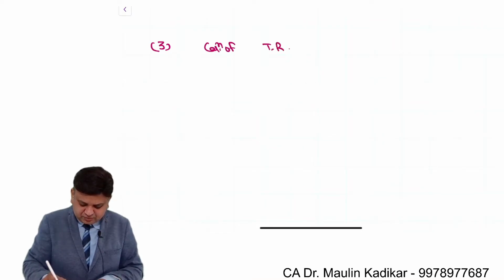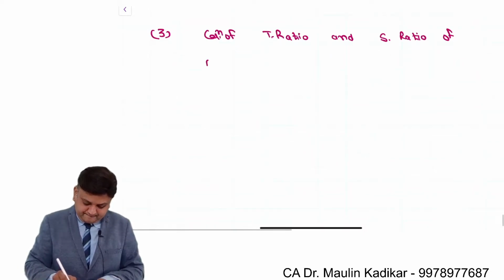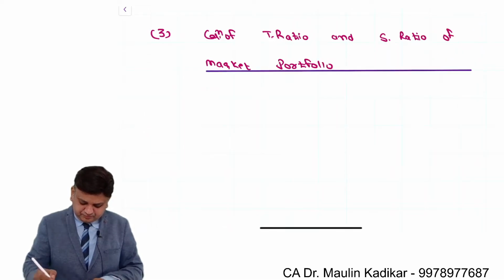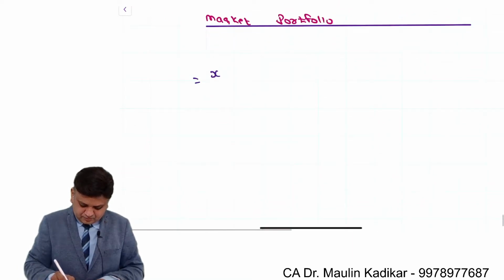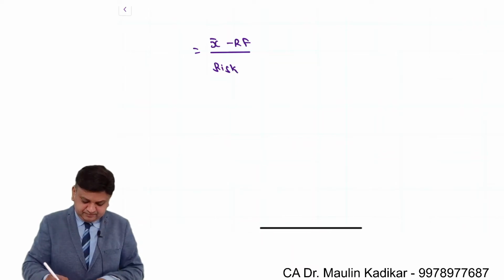Calculation of Treynor's ratio and Sharpe ratio of the market portfolio. It will be calculated like this. It is X bar minus RF divided by risk. X bar means RM.